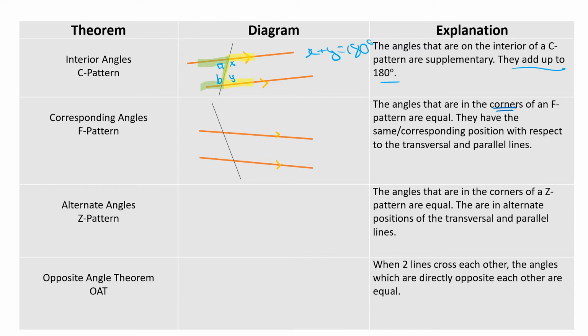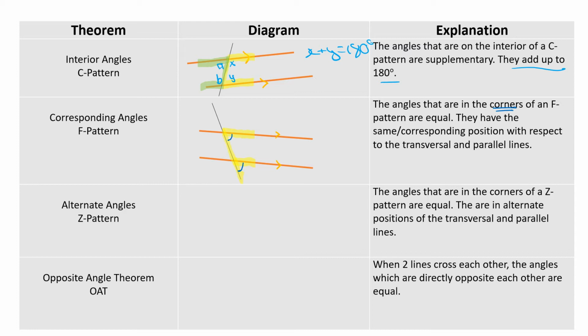So I will highlight that again. So let's find an F here. Here is an F. And the F pattern says that the angles that are kind of tucked into the corners of the F, so this angle and this angle, they're equal to each other if they're tucked into the corners like that.